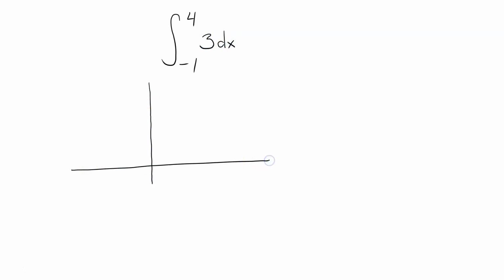Let's do that again with some more normal looking numbers. What about the definite integral from -1 to 4 of 3 dx? This is asking for the area under a particular curve, y equals 3, in between -1 and 4.